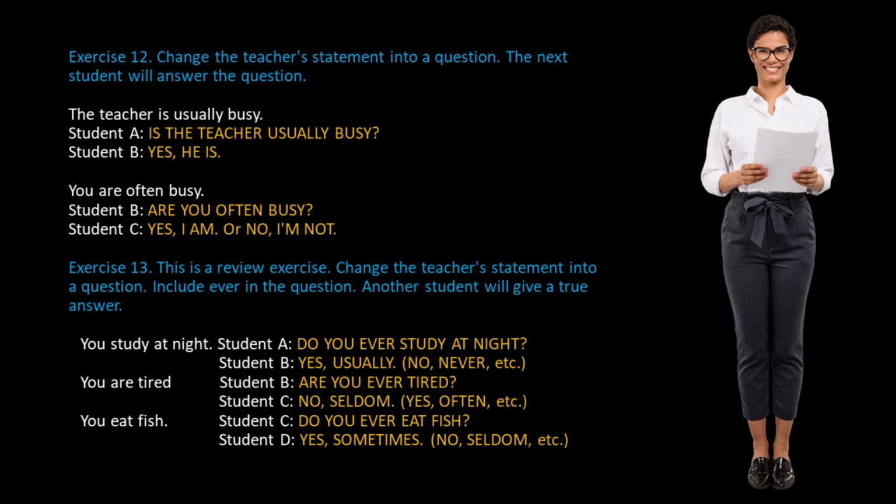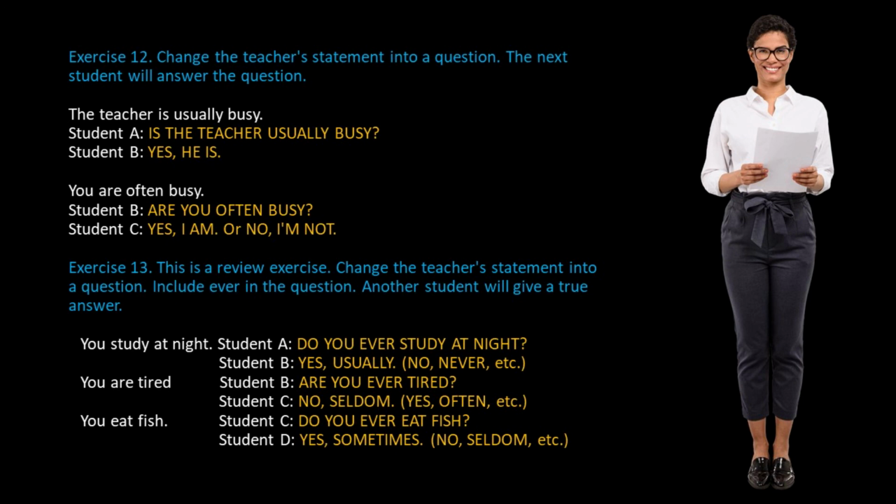Exercise 13. This is a review exercise. Change the teacher's statement into a question. Include ever in the question. Another student will give a true answer. For example, you study at night. Student A: Do you ever study at night? Student B: Yes, usually.